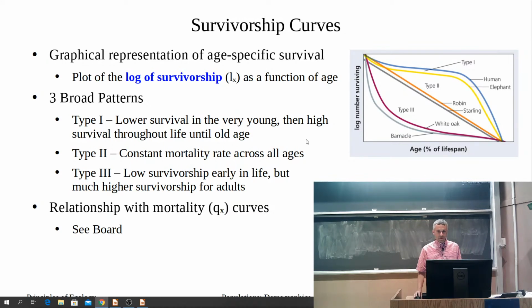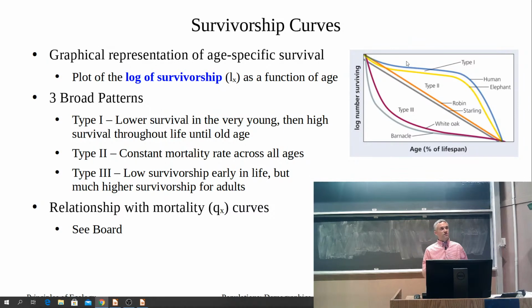We'll talk about that. So with our survivorship curves, we have 3 different types. We have our type 1 curve, characteristic of humans. You have initial, elevated mortality rates in the very young. These are the newborns, the very young kids. And then once they escape that early stage, they have high survivorship throughout most of their life.